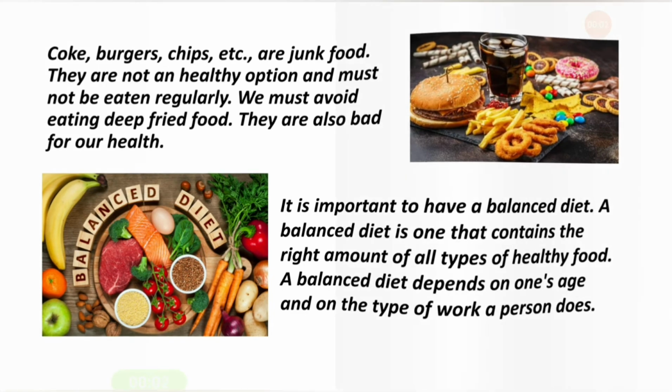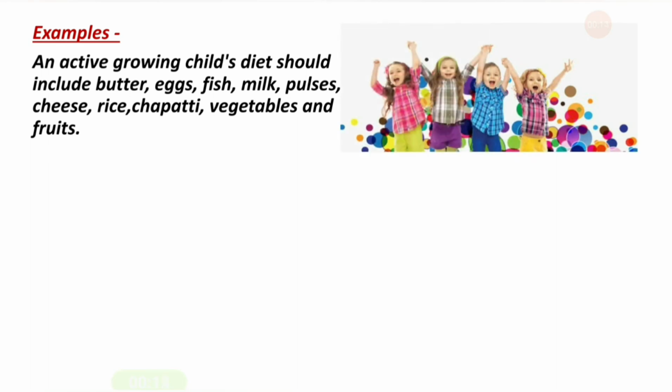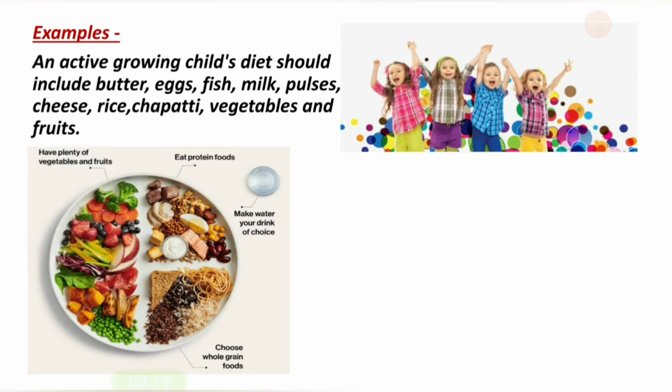So students, next are our examples. An active growing child's diet should include butter, eggs, fish, pulses, cheese, rice, chapati, vegetables and fruit. As we have discussed, the balanced diet depends on the age of the person and the type of work the person is doing.